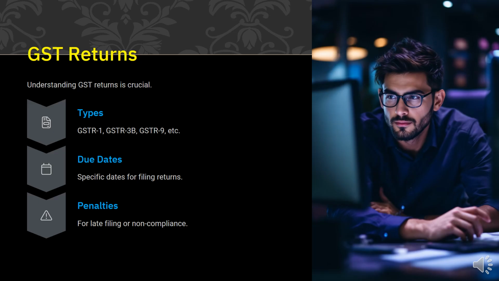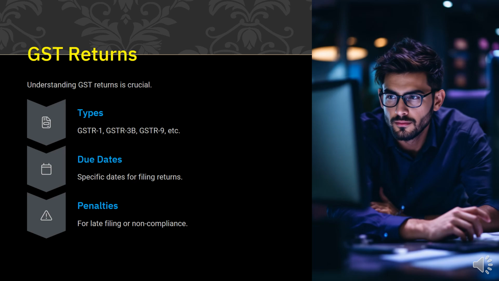GSTR8 should be filed by e-commerce operators collecting TCS, tax collected at source. GSTR9, annual return by every GST registered dealer. GSTR10 should be filed on cancellation or surrender of GST. Last one, GSTR11.